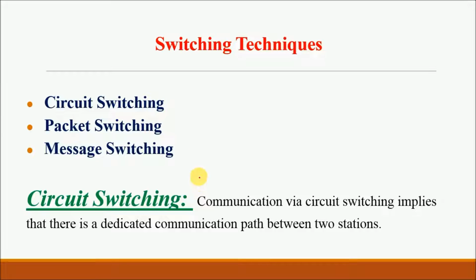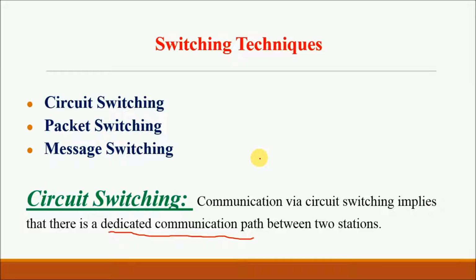Now, what is circuit switching? Communication via circuit switching implies that there is a dedicated communication path between two stations. So at first you have to establish a dedicated communication path. Take the example of telephone communication.